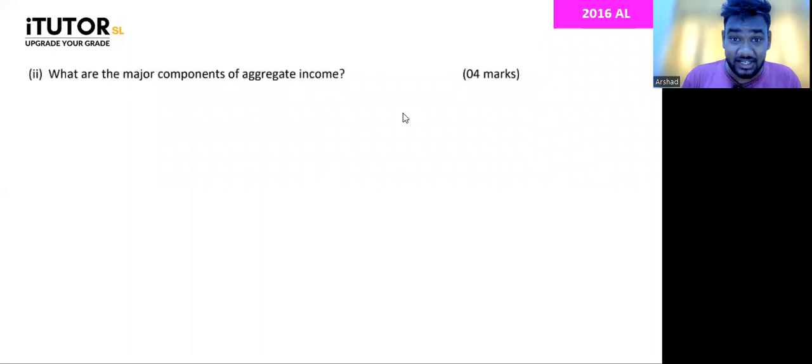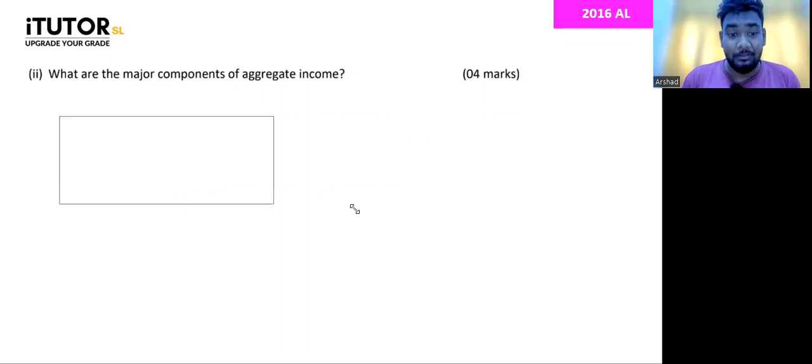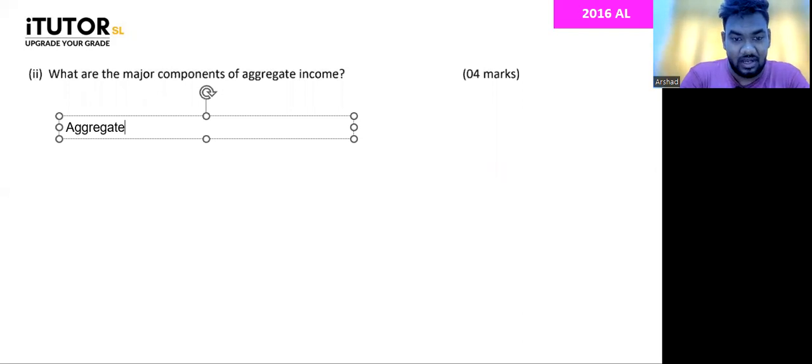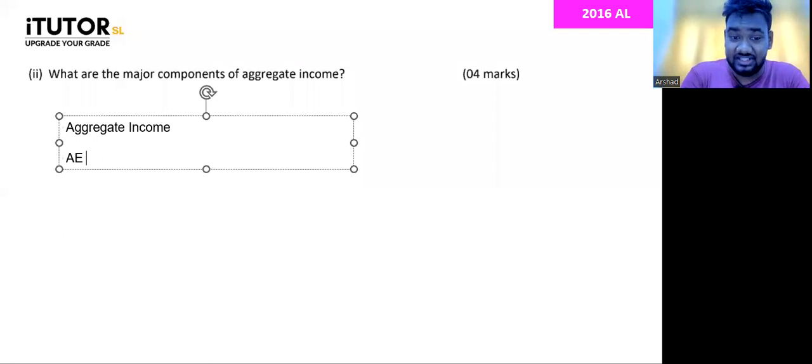What are the major components of aggregate income? What do you all think? Remember we say aggregate expenditure equals aggregate income, so Y equals E. The Y equals E approach means aggregate income equals aggregate expenditure.